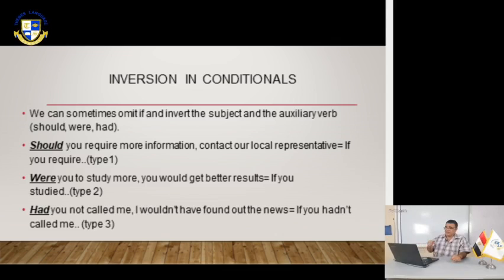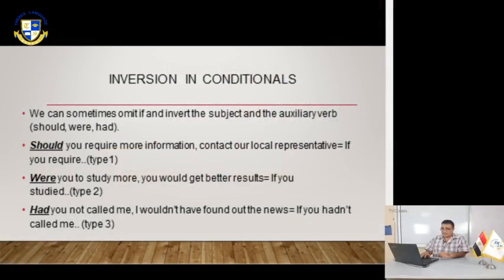Again, with inversion, we have the verb before the noun. If he studied, we can say, should he study or were he to study? If he had arrived, had he arrived? And we complete the sentence, he would have been punished. This is the inversion.